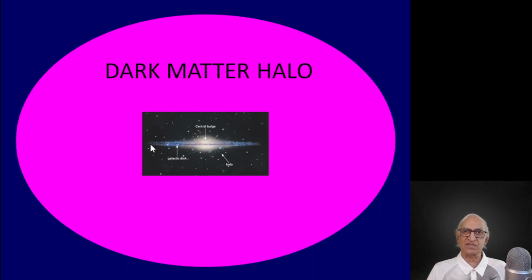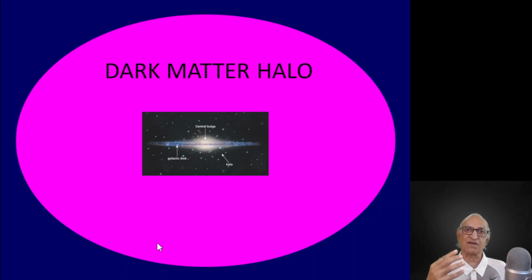But it is constant, and that implies that the mass of the galaxy, regardless of the fact that you don't see anything luminous, goes on increasing, which means that there is a huge halo of incredible mass, and observations tell us that the mass in this magenta halo of dark matter is 90% of the mass of the galaxy.